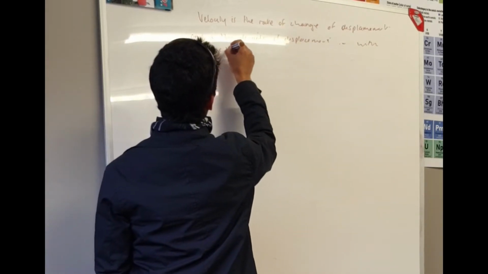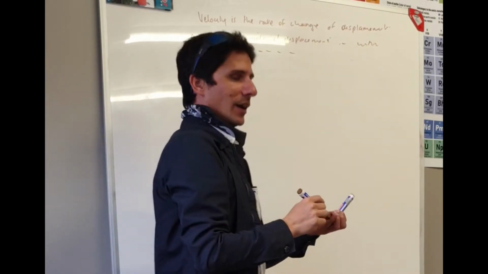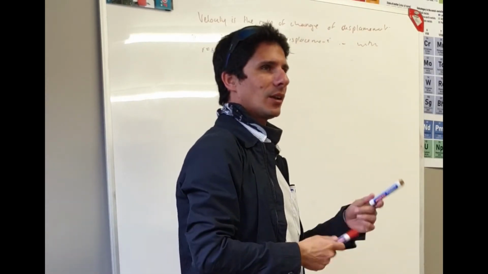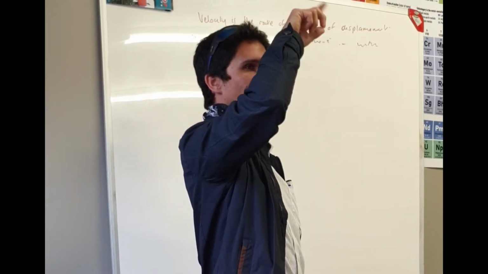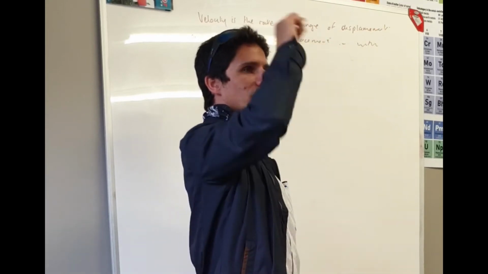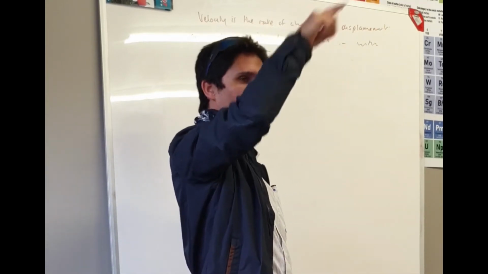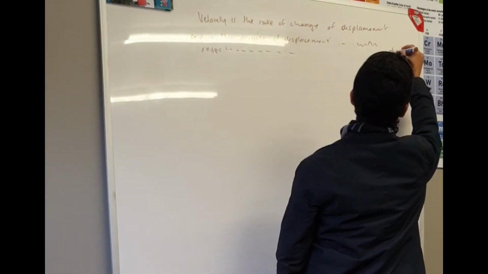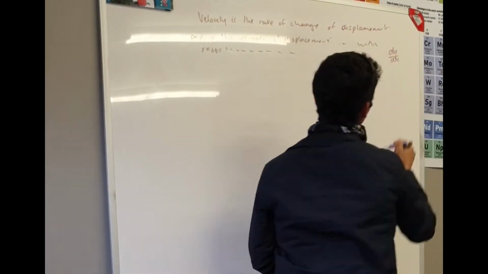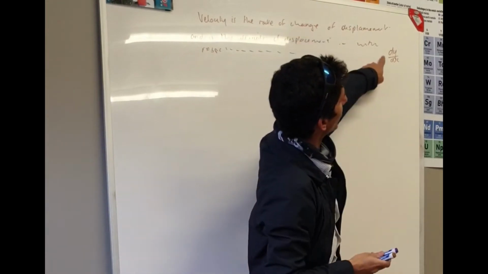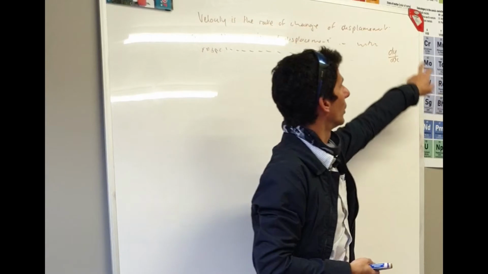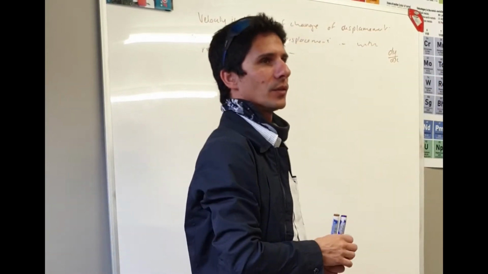Okay, now the reason I'm going to write that as dot dot dot is because if you remember back to when we did calculus, if we had dy over dx, we were differentiating y with respect to x. In other words, x is the variable, y is the thing that we are differentiating.